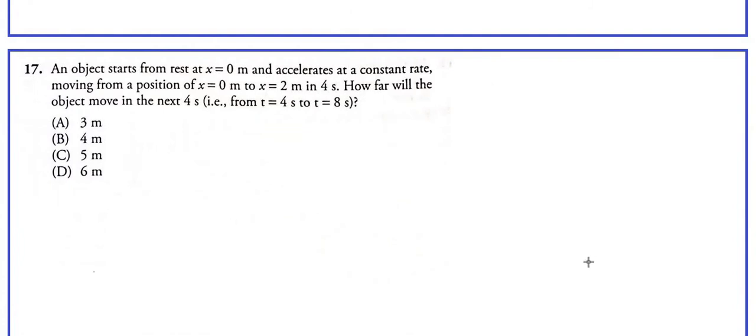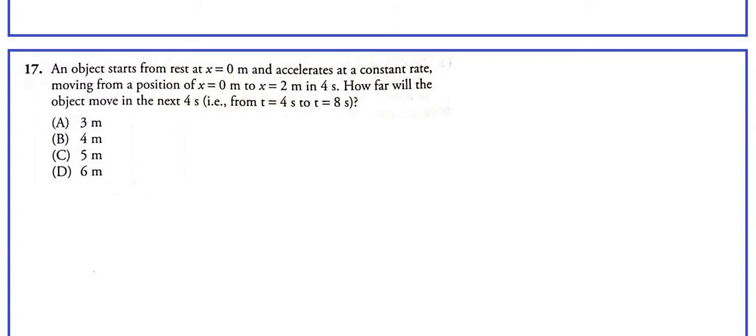Question number 17. An object starts from rest at x equals 0 meters and accelerates at a constant rate, moving from a position of x equals 0 meters to x equals 2 meters in 4 seconds. How far will the object move in the next 4 seconds?